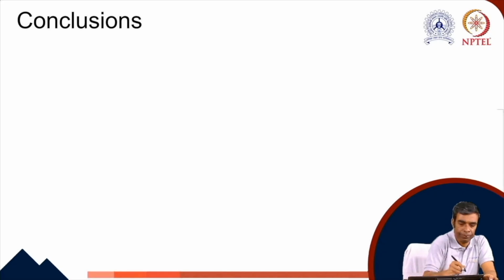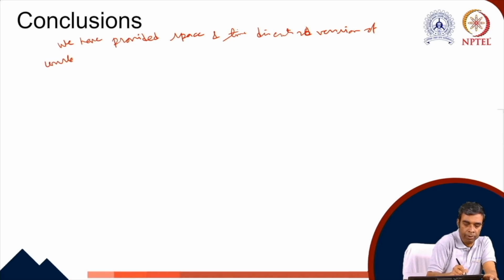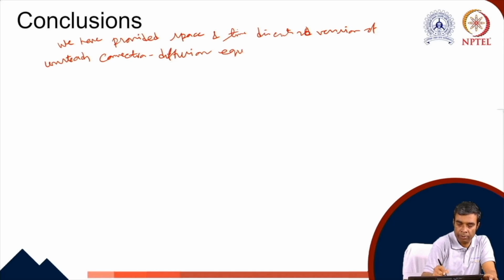So in today's class, we have provided the space and time discretized version of the unsteady convection diffusion equation in one dimension.